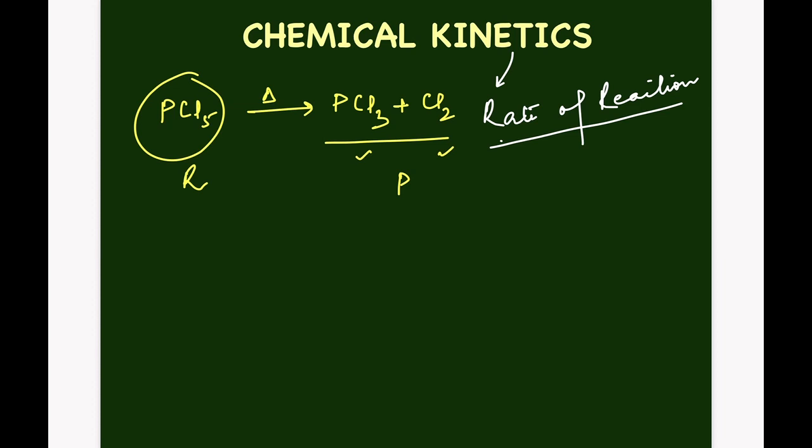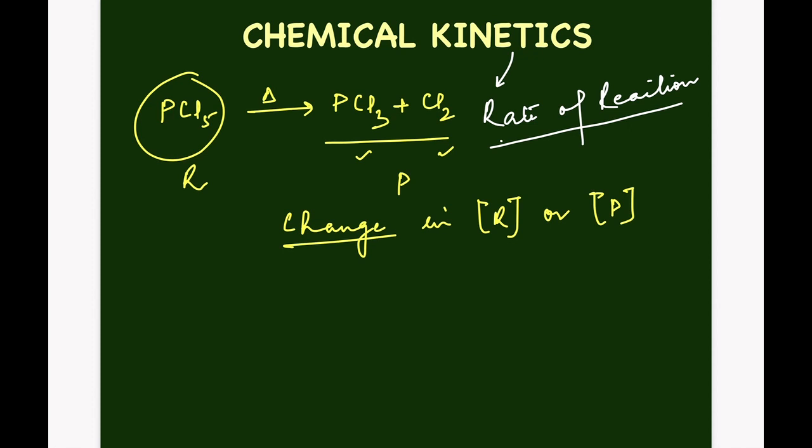So this is how we define the rate of a reaction. That is, the change in concentration of either the reactants or the products per unit time. Change in what? Change in concentration of reactants and concentration of products with time. Means with time, how the concentration of reactants and products is changing. Usually the concentration of reactants will decrease and the concentration of products will increase.